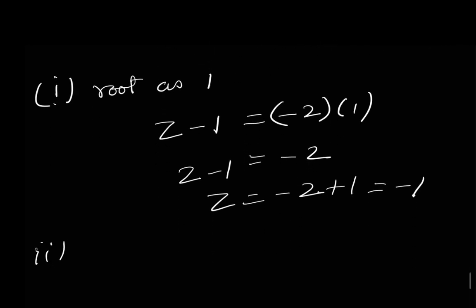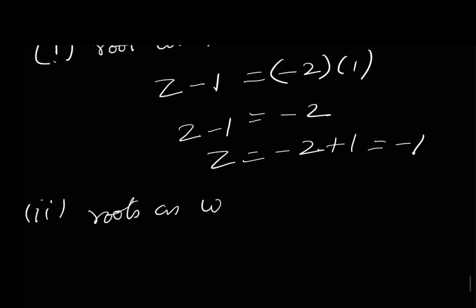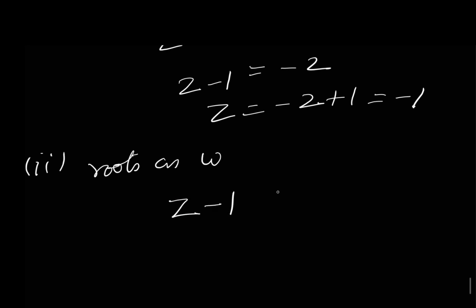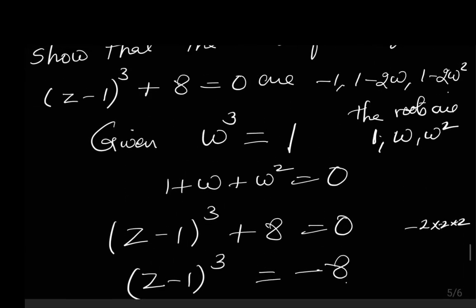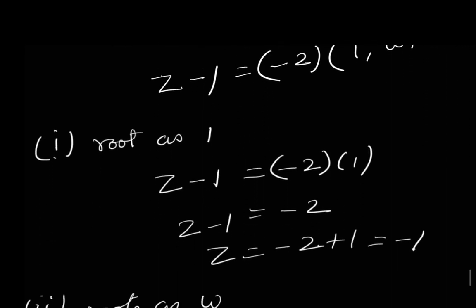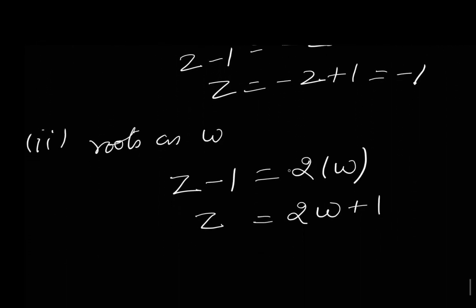Second, take the root as omega. So z minus 1 is equal to minus 2 into omega, sorry, here it is minus 2. So z is equal to 1 minus 2 omega.